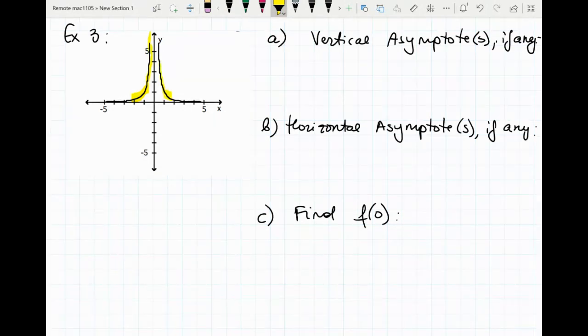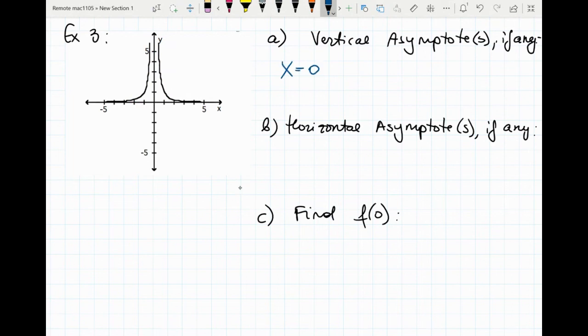This branch is trying to do exactly the same. So both of these branches are trying to get as close as possible, but not crossing or touching the y-axis. So it looks like we do have a vertical asymptote, which is exactly the y-axis. Now at the y-axis, that's where x equals to 0. So that means we have a vertical asymptote at x equals to 0. Let's go ahead and write that down.